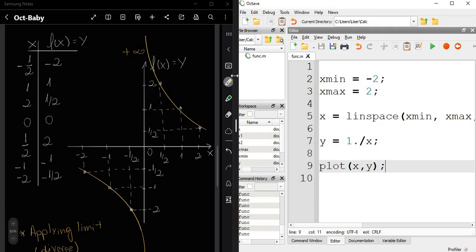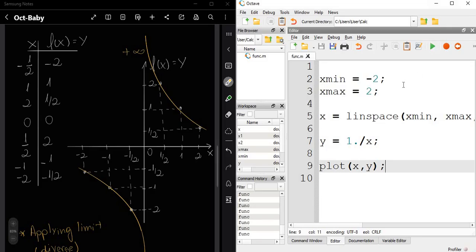It just has this symmetrical appearance. It looks like a discontinuous function, but it is a continuous function. It just has this aspect of being on both sides of the xy plane.